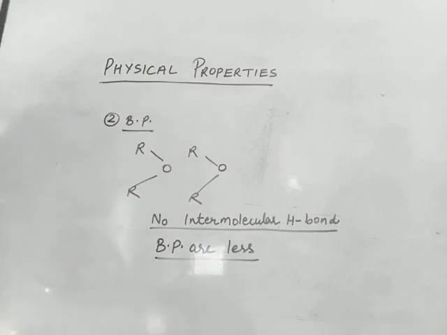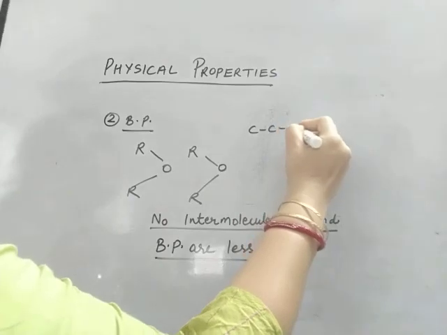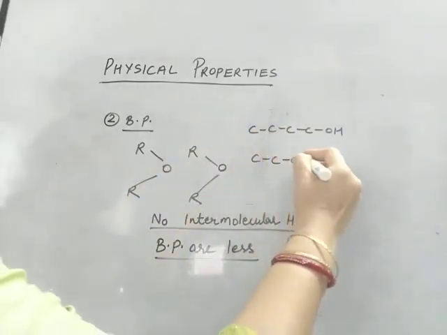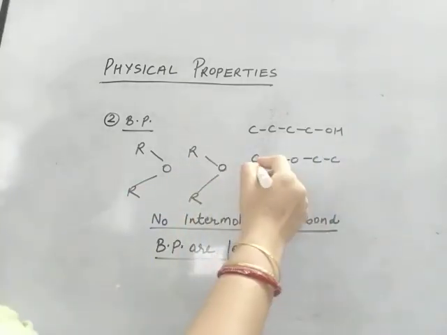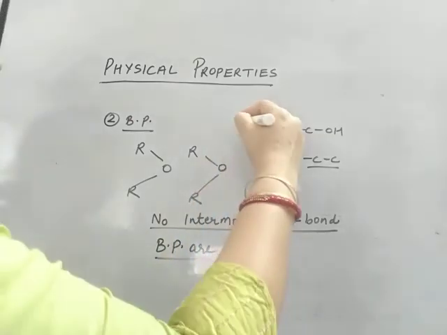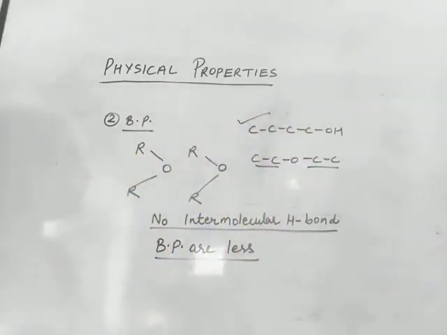Suppose I have two compounds, one is an alcohol, butanol, a 4 carbon atom alcohol, and this other compound is also having 4 carbon atoms. Now which will have the greater boiling point? Definitely the alcohol. So as compared to alcohols of comparable molar masses, the boiling points of ethers are less because of the absence of intermolecular H bonding. So this finishes the physical properties of ethers.